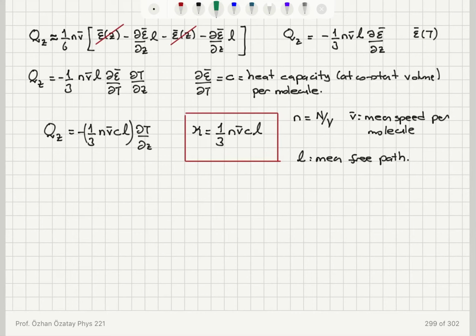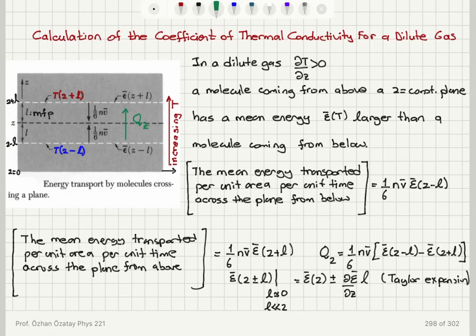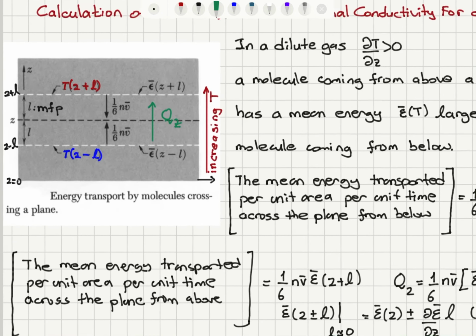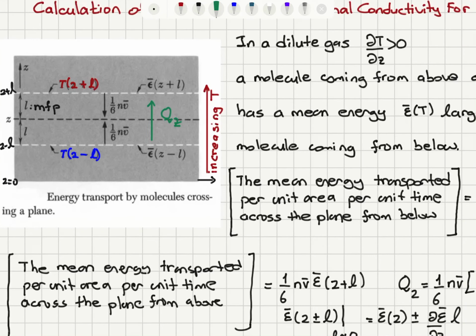Del T del z is positive because the heat flux will occur from the hot side to the cold side, as usual. So you have a mean molecule, one molecule which has a mean speed v bar, which is approaching a z equals constant plane from above, and one molecule from below.